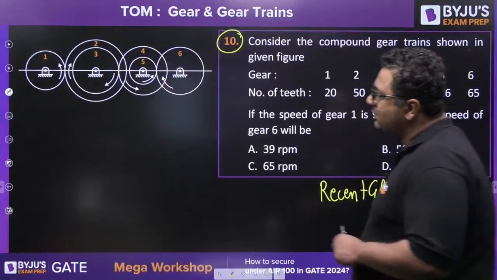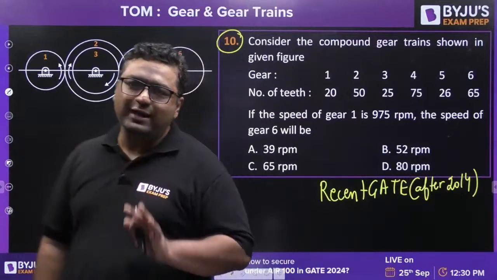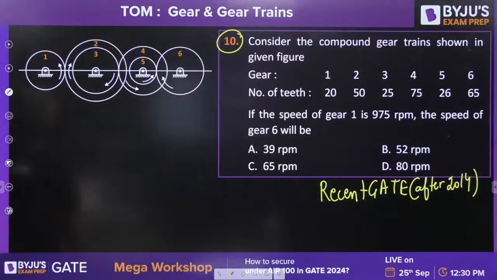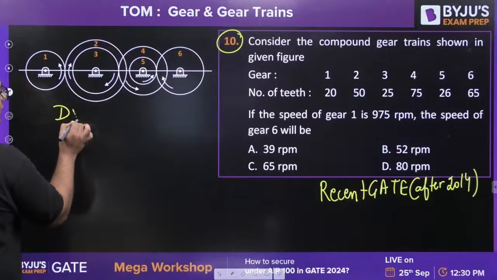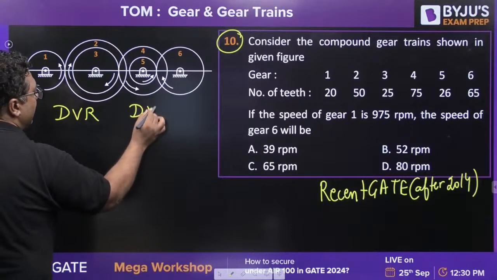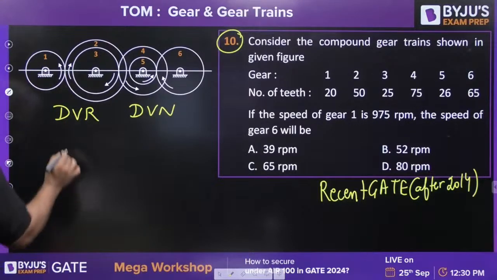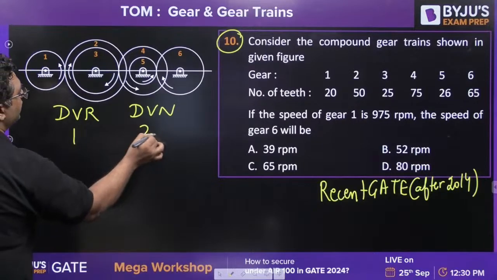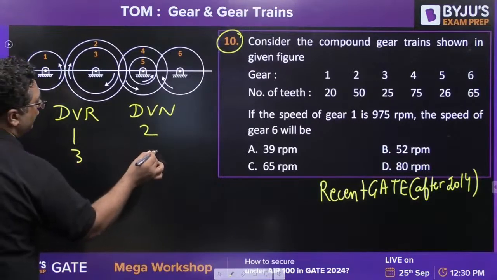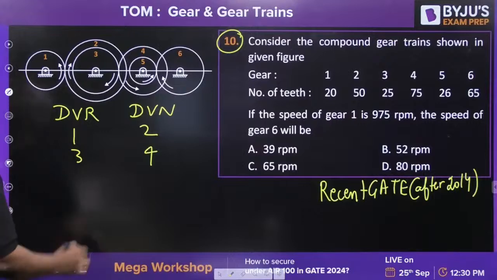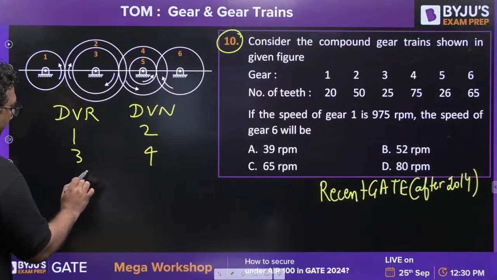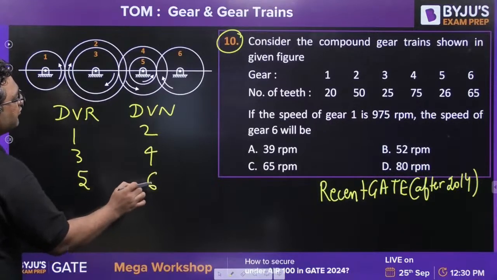So guys, you just need to identify driver and driven. I am writing driver and driven because it is a compound gear train. 1 is driver, 2 is driven, 3 is driver, 4 is driven, then 5 is driver, 6 is driven.